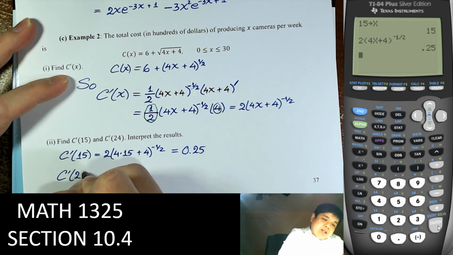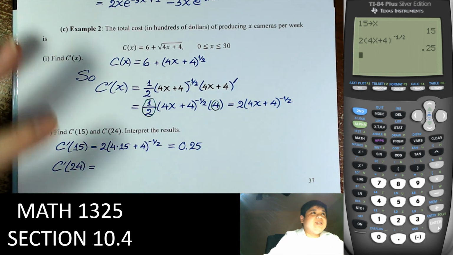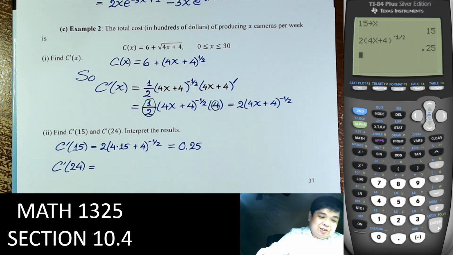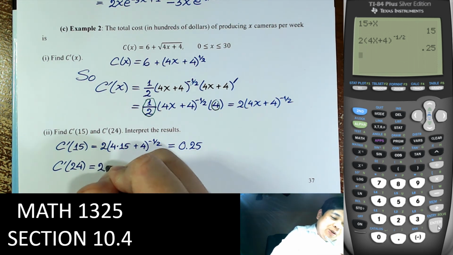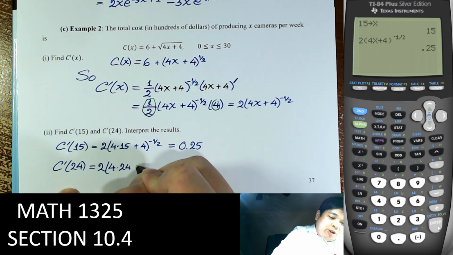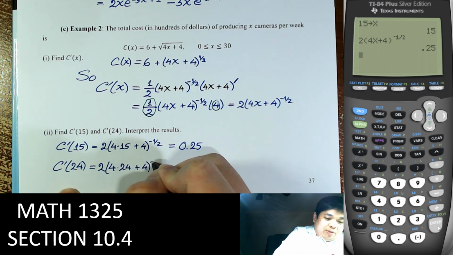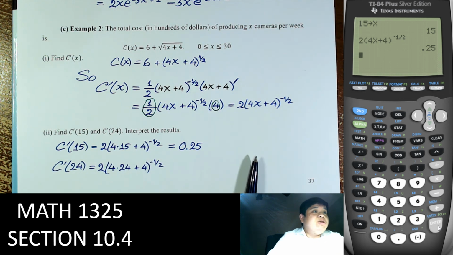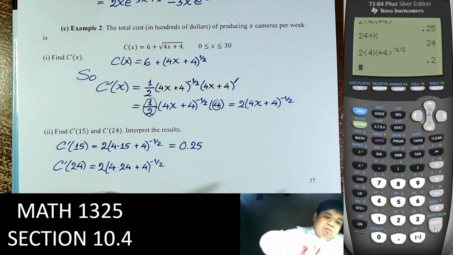And now we take the derivative at 24. 2 times 4 times 24 plus 4. Right, now just store 24 into x. And we do the same thing.